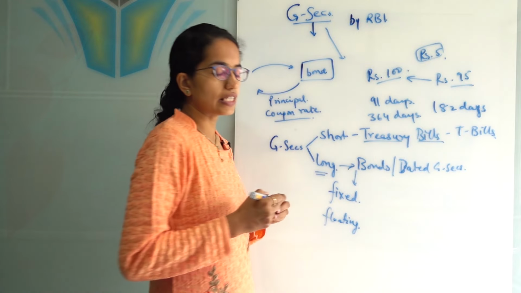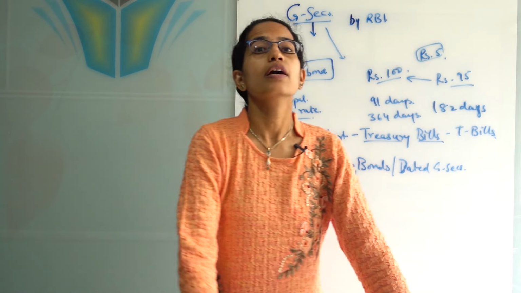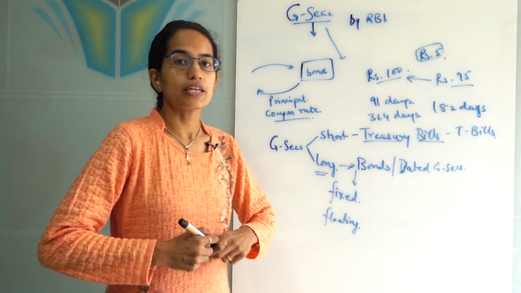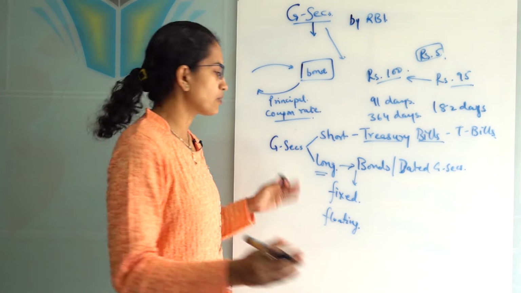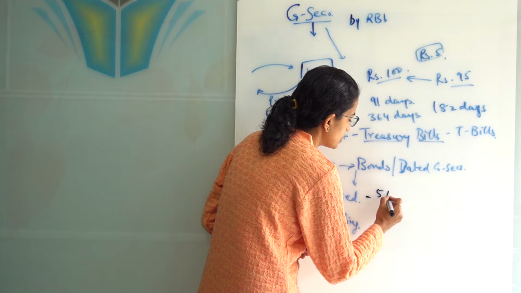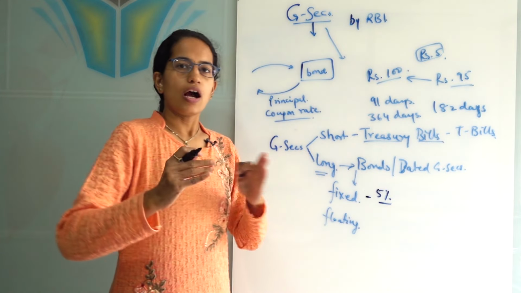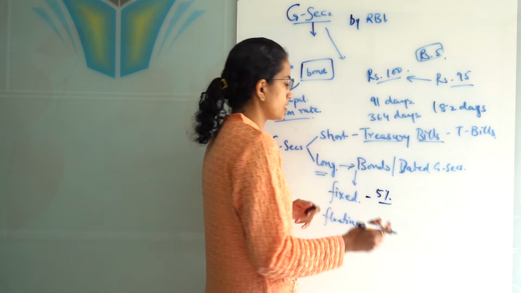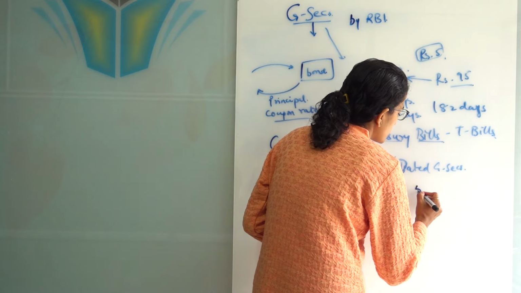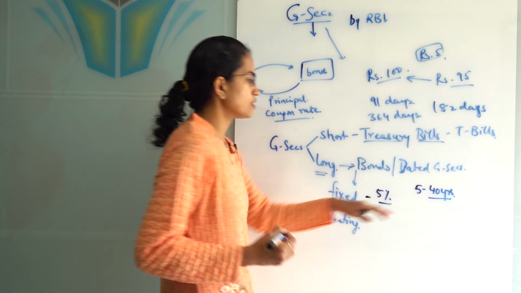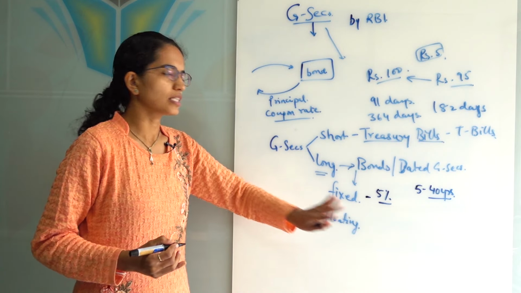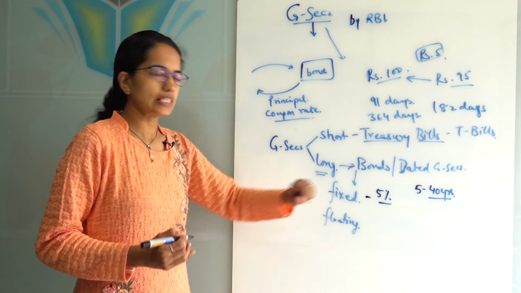Under a fixed interest rate, whatever time period you are considering for your bond, you would say, okay, for this time period I would have, let's assume, 5% as the interest rate. Usually these government bonds are from 5 years to 40 years, and if it is for 5 years at 5% interest rate, that is a fixed interest rate.